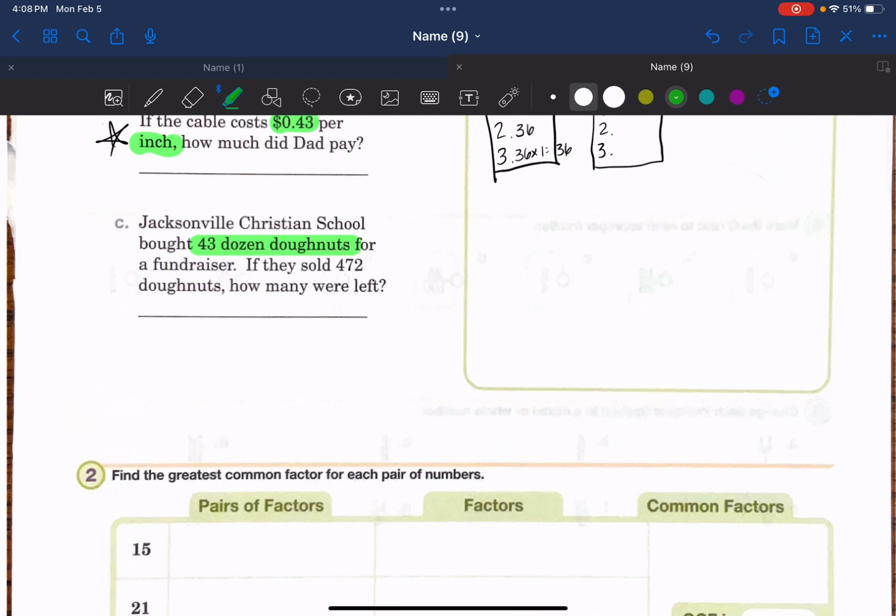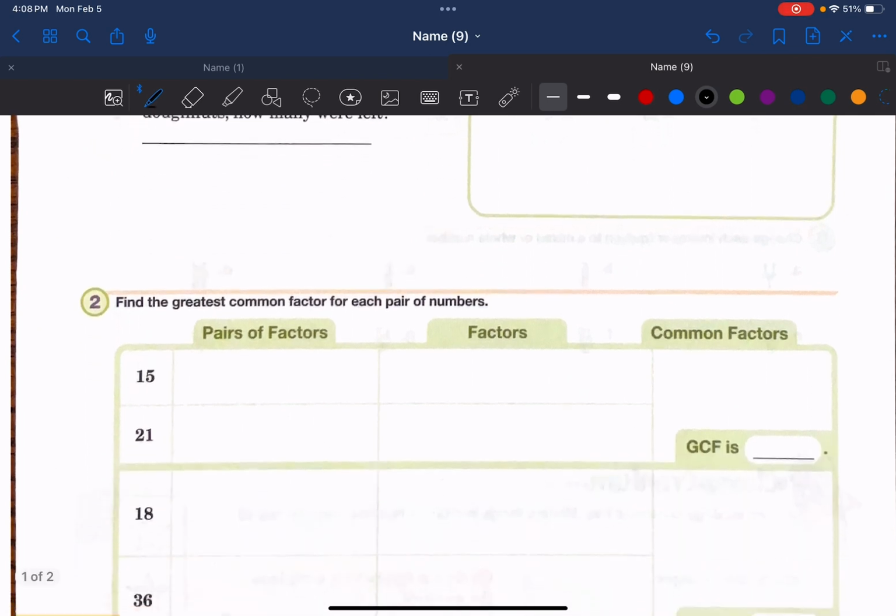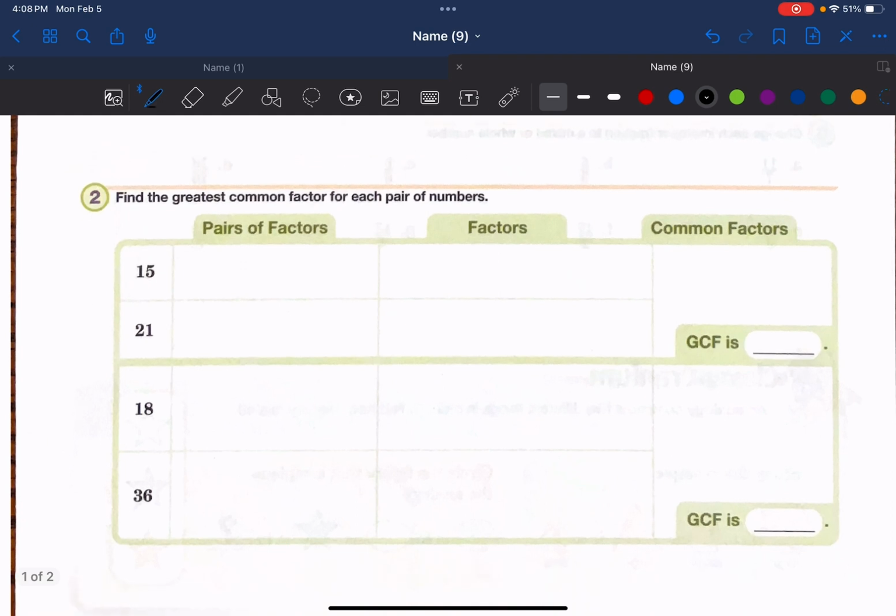And then after you know how much they start with, then they sold 472 donuts. How many were left? So first thing you have to figure out is 43 dozen equals how many donuts?